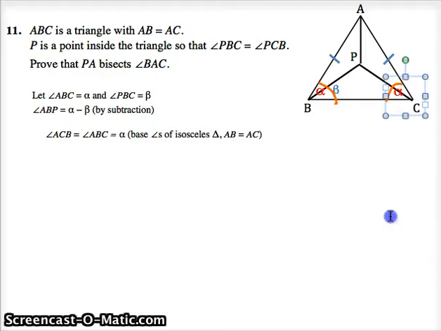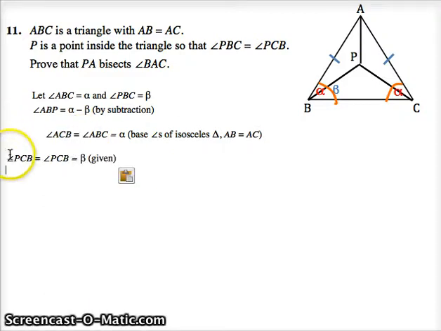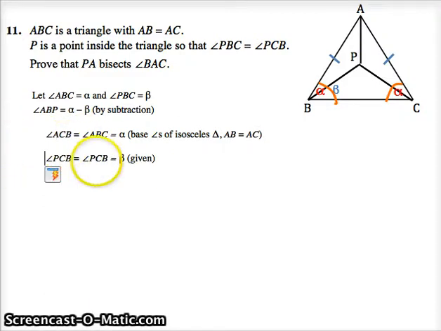The other piece of information we were given was that angle PBC equals angle PCB. Now, if we've called angle PBC beta up here, then we can also say that angle PCB is beta. So angle PCB equals angle PBC, which equals beta, and that was given above.